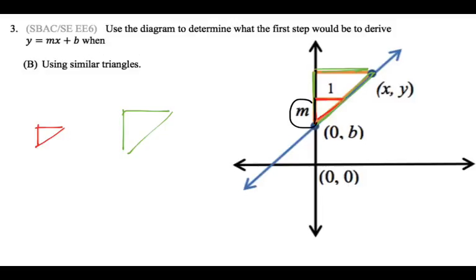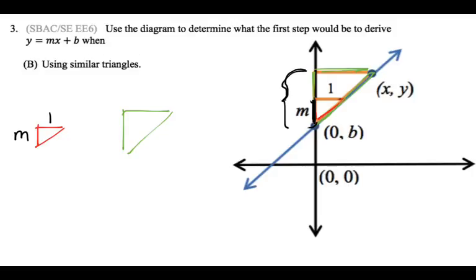Okay. So let's take a look. This length right here is m on my little triangle. This length is 1. Okay, they're labeled. All right, I'm going to call this triangle, oops, well, we'll just call it the red triangle. Now for my green triangle, for my green guy here, this piece right here is m, right?